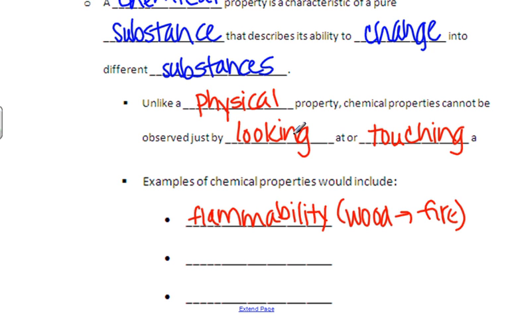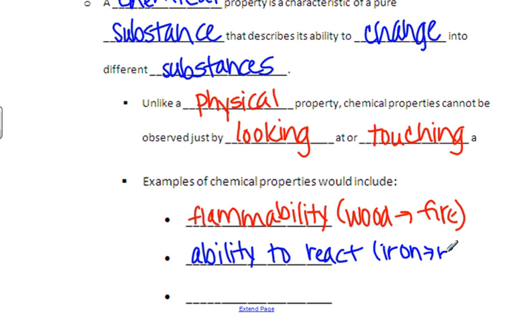The ability to react, so that might be iron reacting by turning into rust, okay, or new substances that then have new properties. Okay, so if you get a new substance that's created, it's going to have new properties.